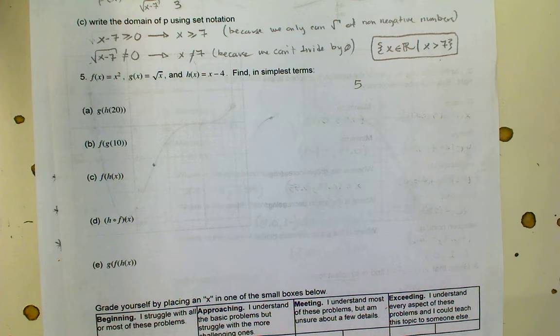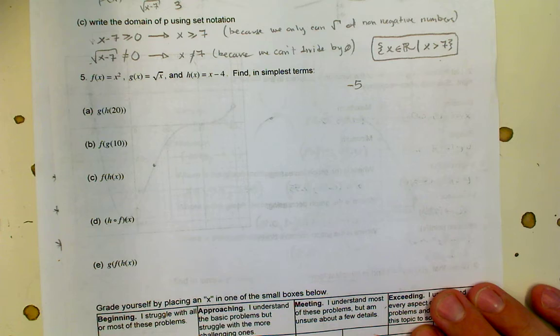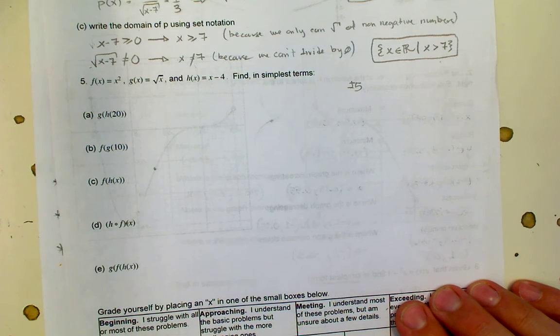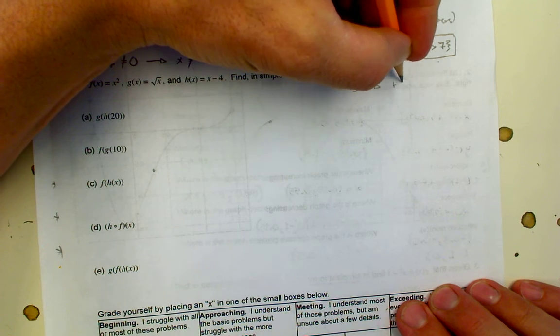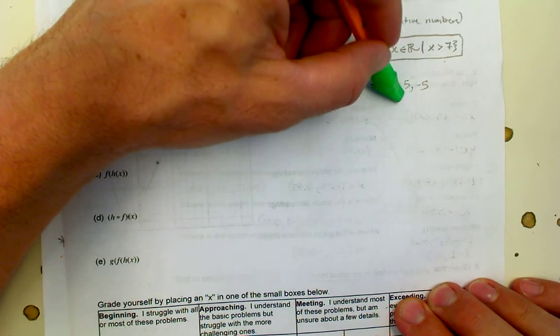When we see a number like that, we assume that it's positive. If I wanted negative 5, I would have to write a negative sign. And if I meant both positive and negative 5, maybe I could put a plus or minus, or I might write positive 5 and then negative 5. Or I should say, really, we just write 5 and negative 5.